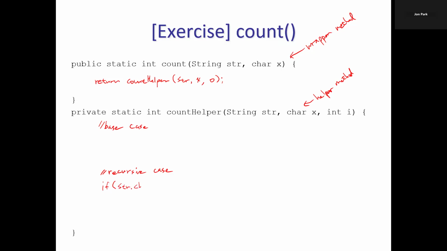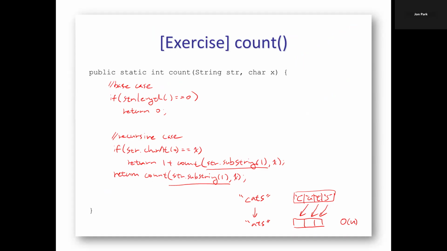So if string.charAt(I) is X, then the rest is very similar. If that's the case, then you return 1 plus whatever the recursive call returns. Otherwise, just return whatever the recursive call returns.